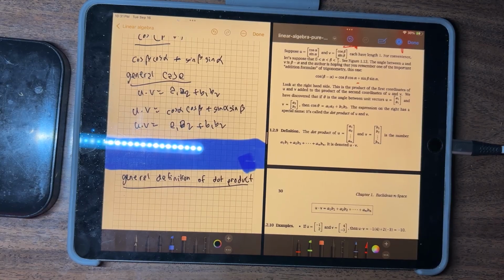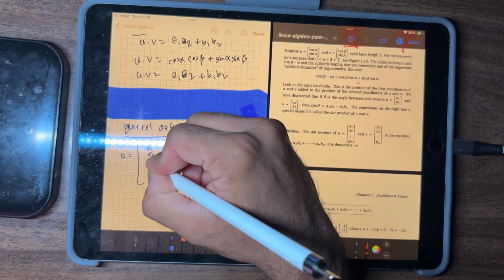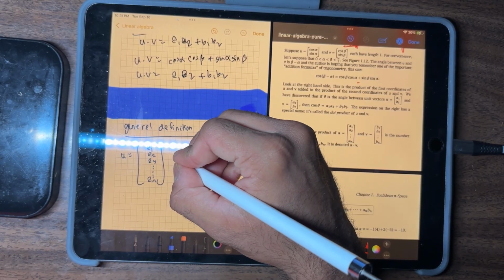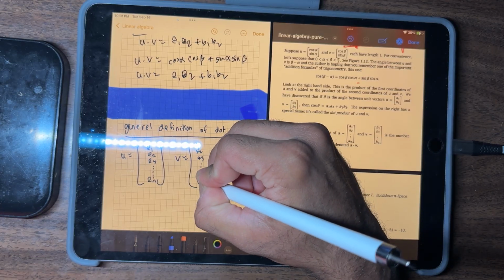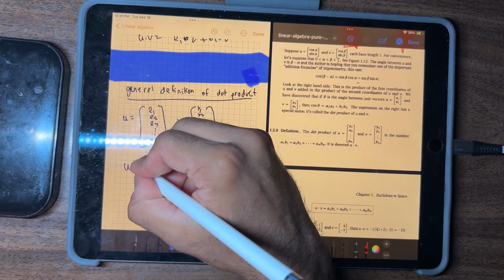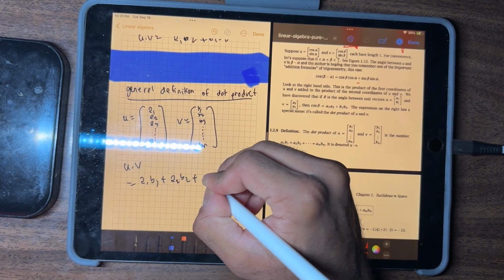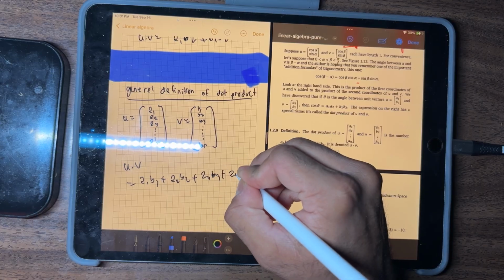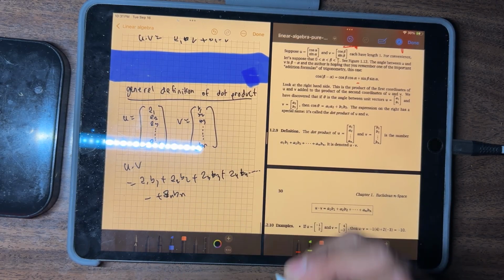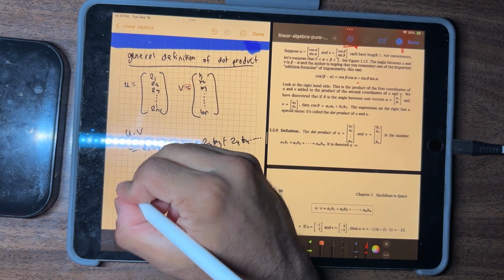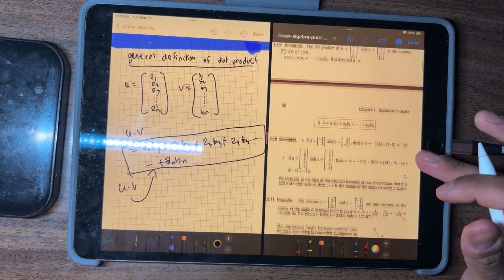If I have U with vector components a1, a2, a3, and so on up to an, and V with vector components b1, b2, b3, and so on up to bn, then U times V would be a1 b1 plus a2 b2 plus a3 b3 plus a4 b4, and so on, plus an bn. So this is the entire equation for the dot product of U times V.